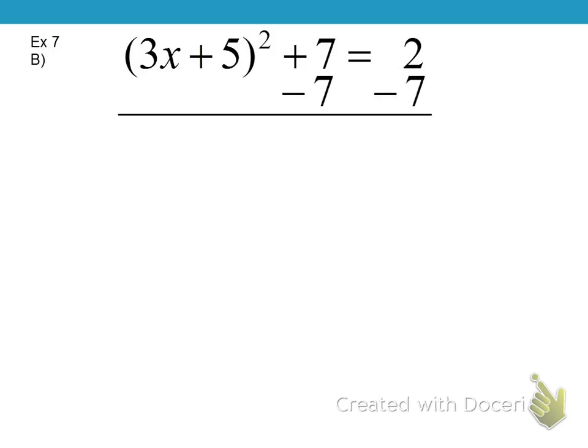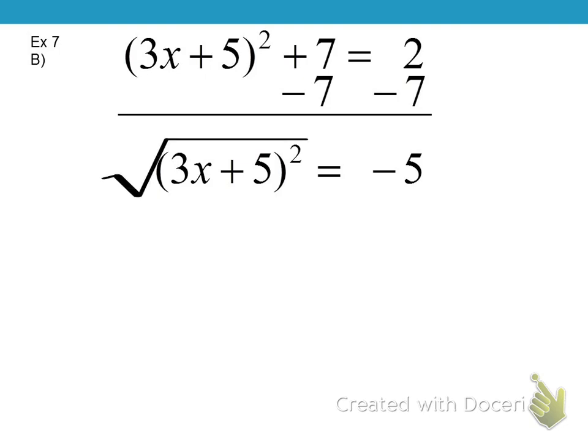Subtract the 7. What is 2 minus 7? -5. Yeah, this is the point where I would take the square root of both sides. What's the square root of -5? Yeah, error. No solution.